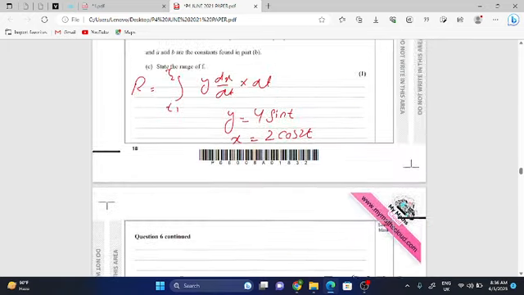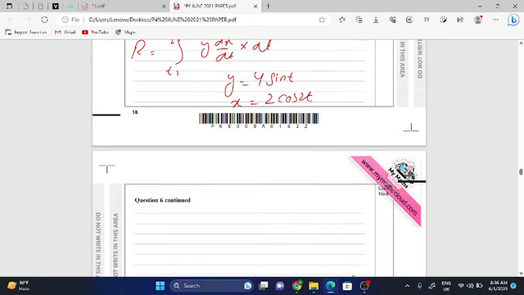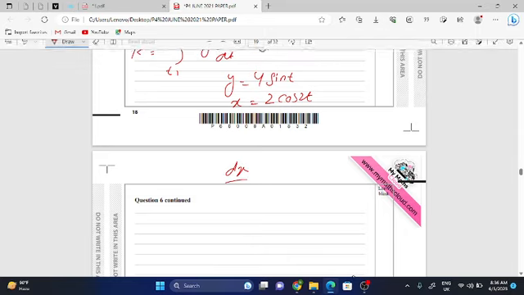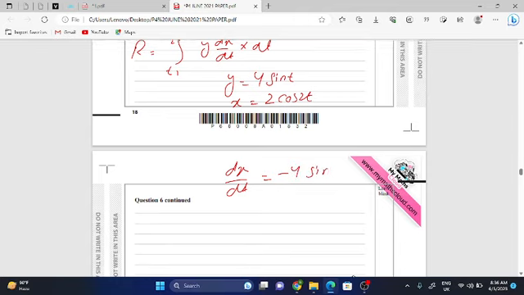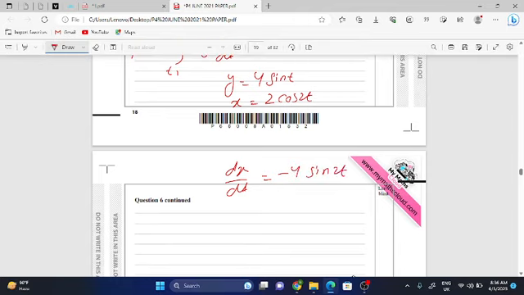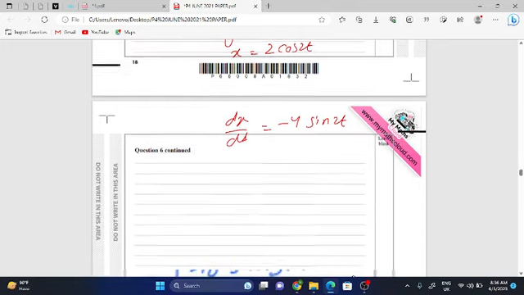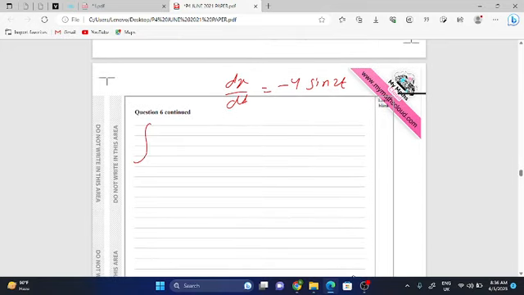Okay, so I have to calculate dx by dt first. When I calculate dx by dt, it gives me minus 4 times sine of 2t, because cos 2t has a derivative of minus sine 2t times 2, and 2 times 2 would be 4, and 4 sine of t stays as it is. So let me plug its value back into this equation.